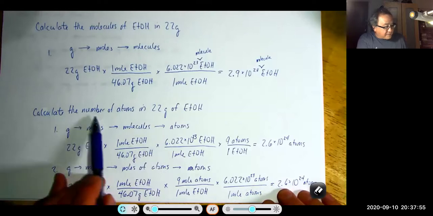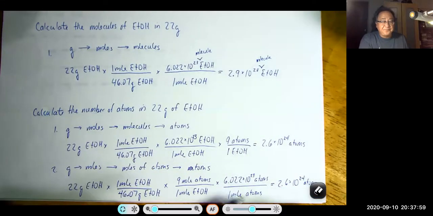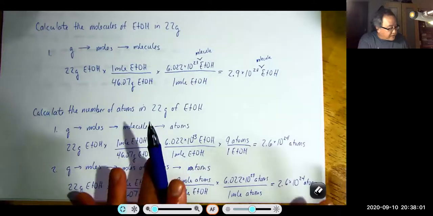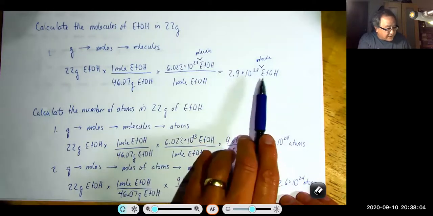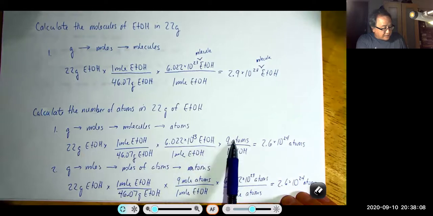Calculate the number of atoms in 22 grams of ethanol. So we just keep adding to this. We can start here, essentially, with that many molecules, and we know that there are 9 atoms per 1 molecule. So we get 2.6 times 10 to the 24.